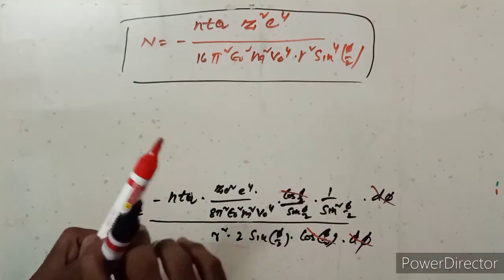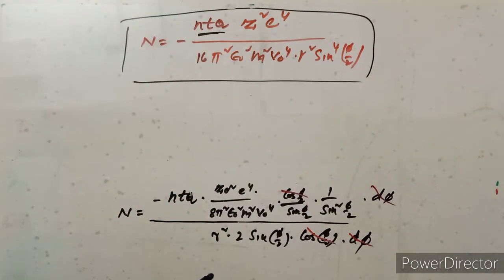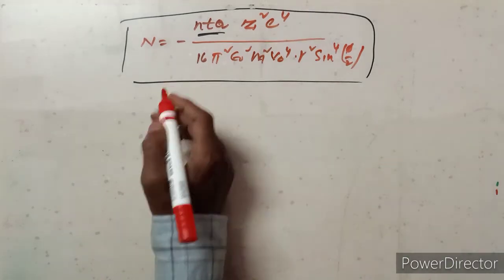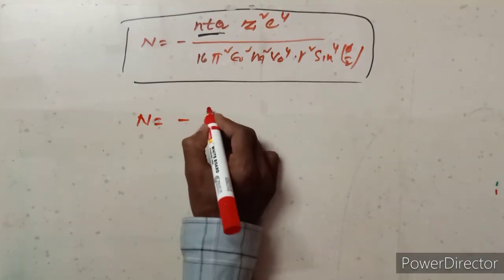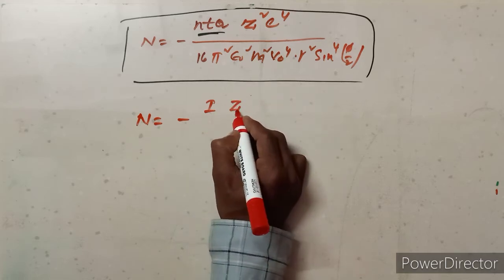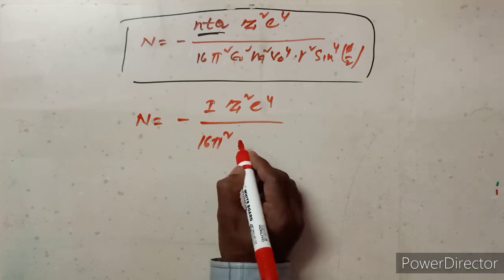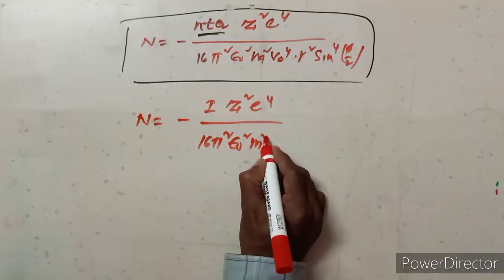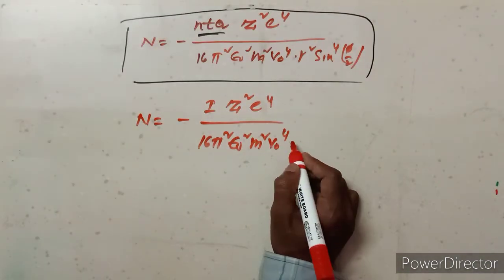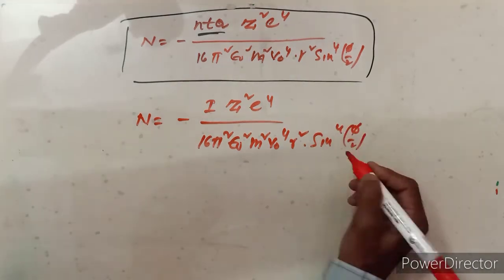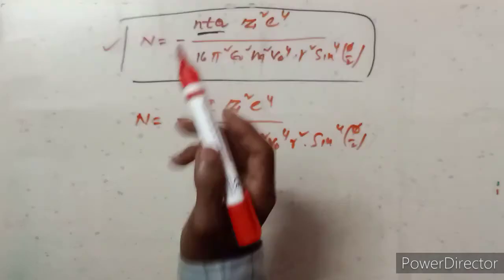Here N·t·q is the intensity, so this equation can also be written as I Z square e to the power of 4 upon 16 pi square epsilon naught square m square v naught to the power of 4 r square sin to the power of 4 phi by 2. So this is also the scattering formula.